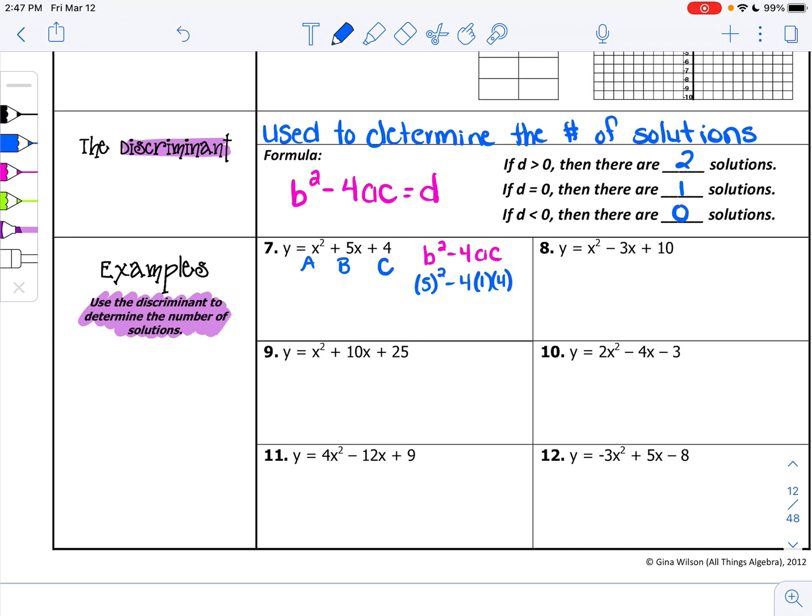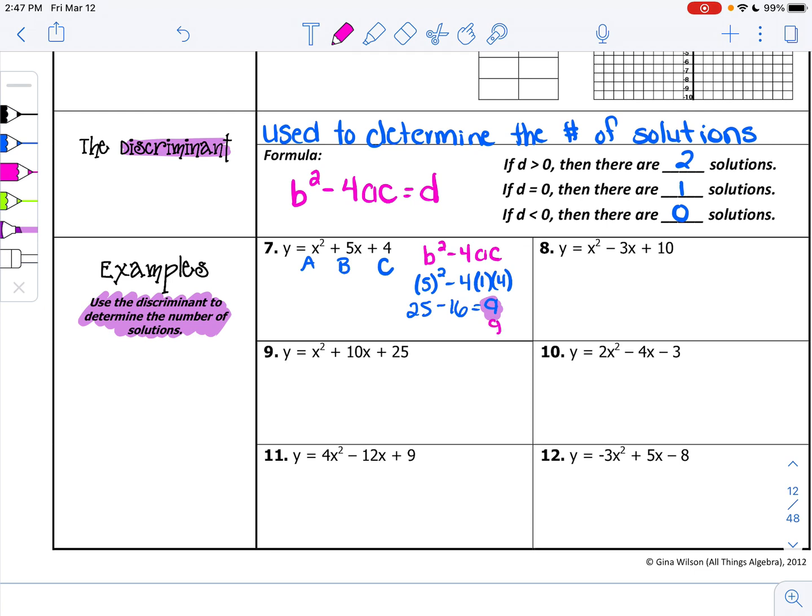And then we just solve this. We know 5 squared is 25, minus 4 times 1 is 4, and 4 times 4 is 16. And 25 minus 16 is 9. So now that we have 9, we want to compare that to 0. We want to know, is 9 less than, greater than, or equal to 0?